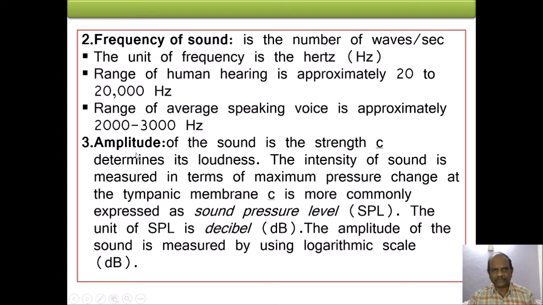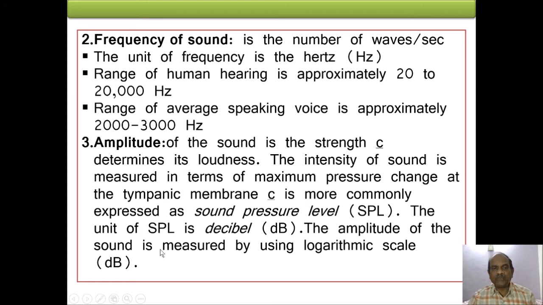What is amplitude? The amplitude of sound is the strength which determines its loudness, which means how well you can hear me. The intensity of sound is measured in terms of maximum pressure change at the tympanic membrane, the beginning of the middle ear, and is commonly expressed as sound pressure level, SPL.